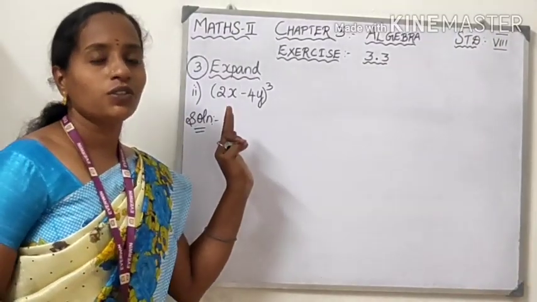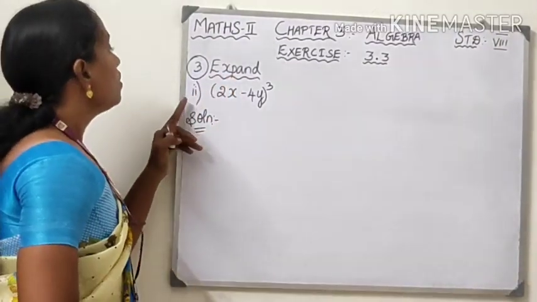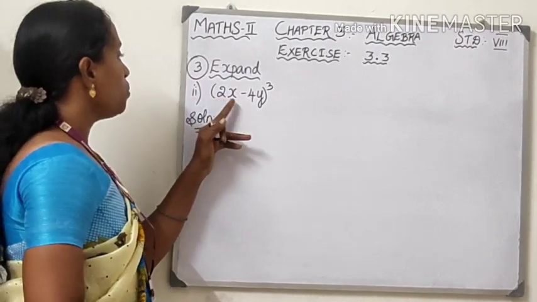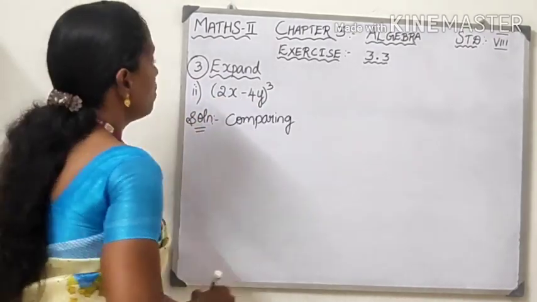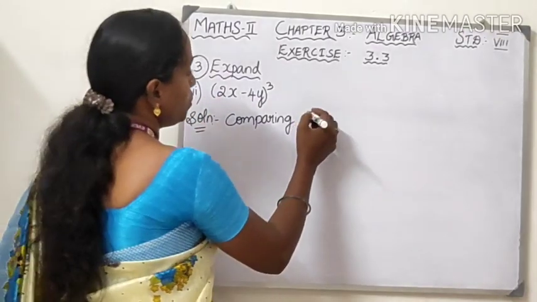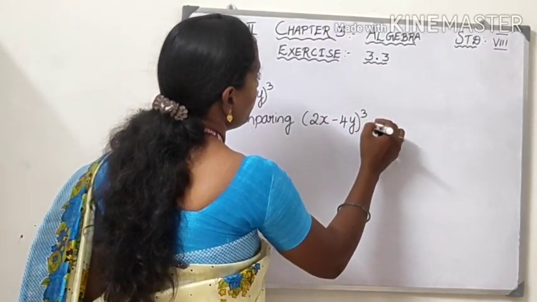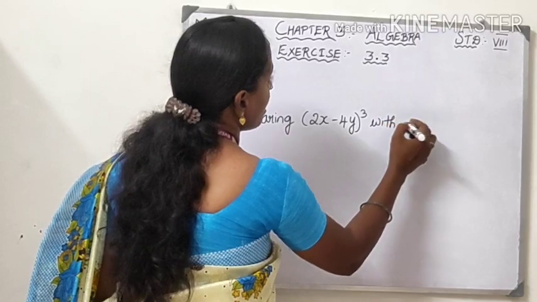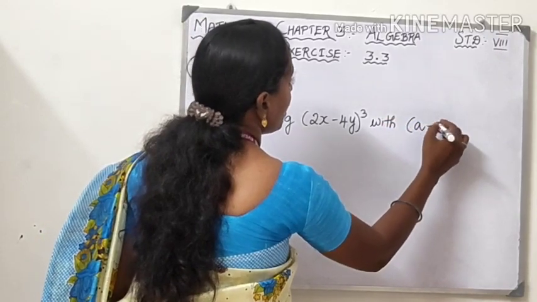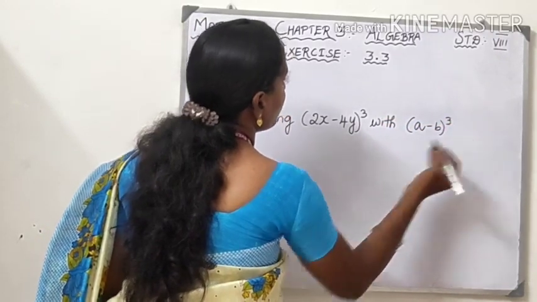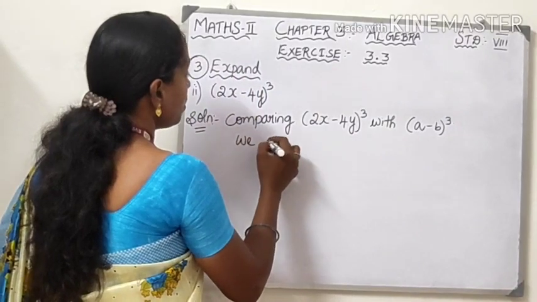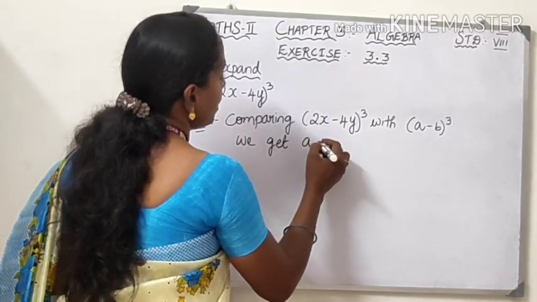Now we are moving to the third Roman, same expand. We have taken the second subdivision 2x minus 4y the whole cube. So we are comparing 2x minus 4y the whole cube with, so what is the identity that can be used here? A minus b the whole cube. So we get, what is the value of A?